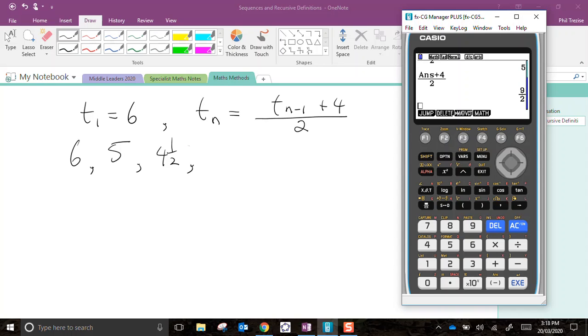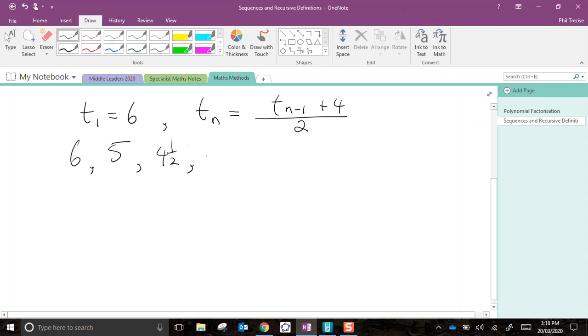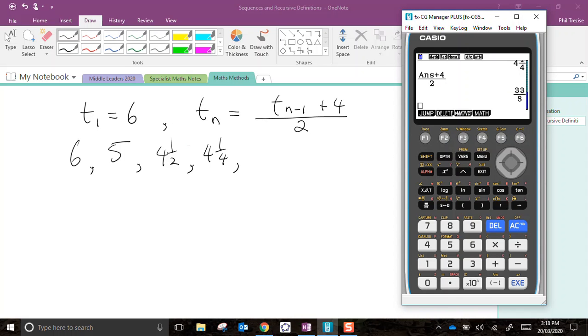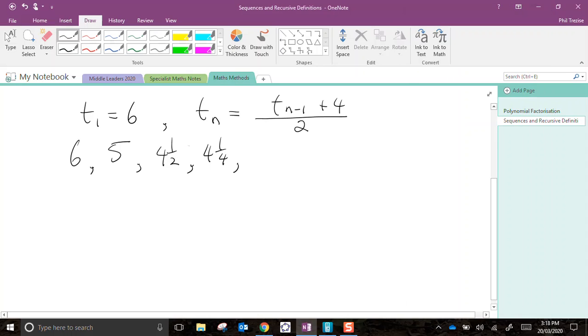I get the third term in the sequence. Remember, you can go Shift SD to change from a mixed number to an improper fraction. If I do this again, 17 over 4 is the same as 4 1/4. So it's a very handy way on the calculator to quickly generate the terms in a recursive sequence. 4 1/8. That's probably enough, and we keep on going.